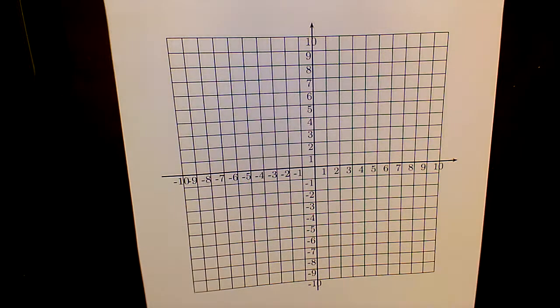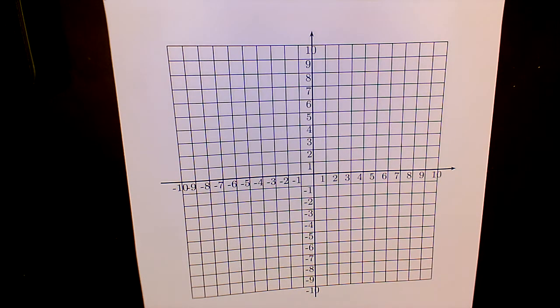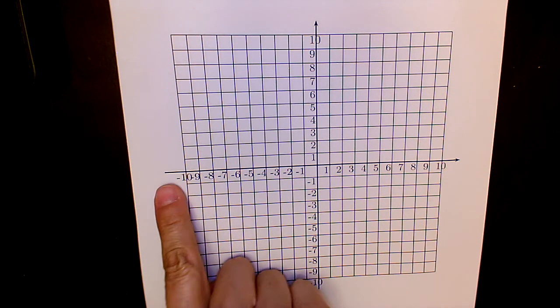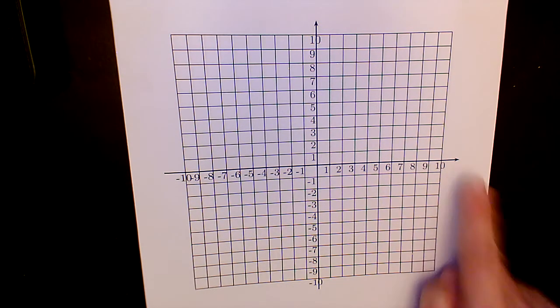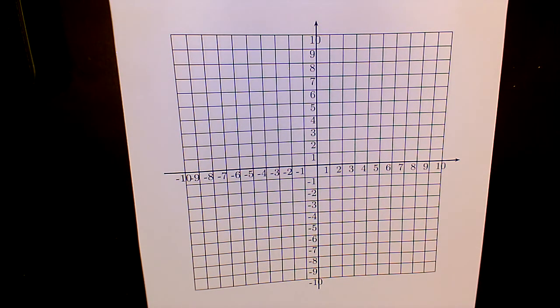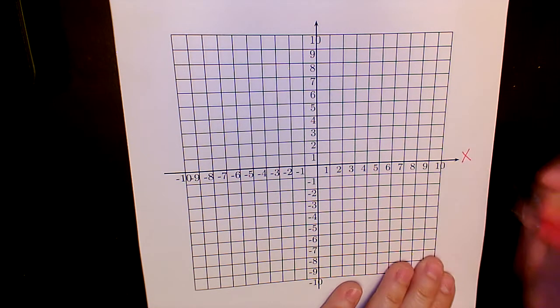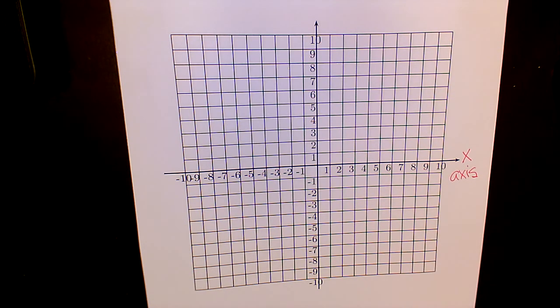So let me go to my graph, and let's talk about the graph a little bit. When we're looking at the coordinate plane, we've got a line going across, or east and west. Do we remember what we call that? Going across, this line is called the x-axis. Again, it might be a review for you.